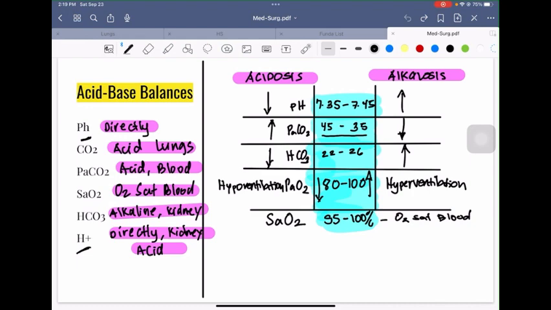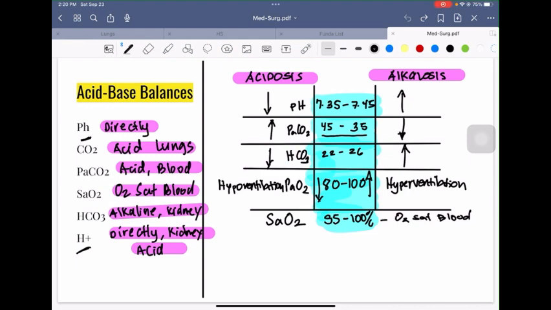Carbon dioxide, the only thing you have to know is that carbon dioxide is an acid, and the organ that regulates it, of course, is the lungs. Partial gas carbon dioxide is also an acid, because there's carbon dioxide there, and it's in the blood. Oxygen saturation is also in the blood.